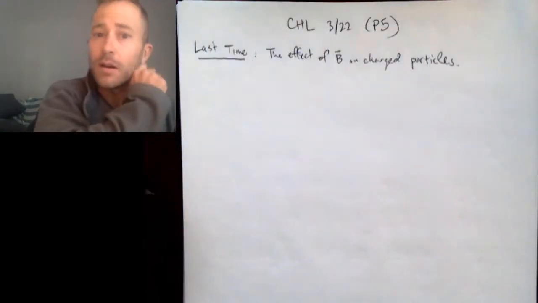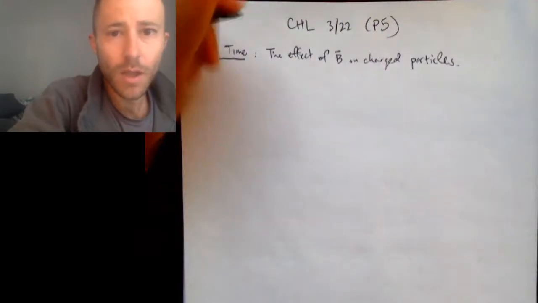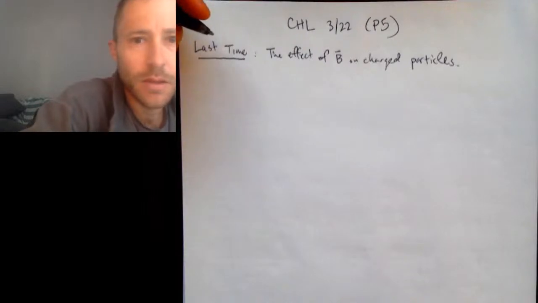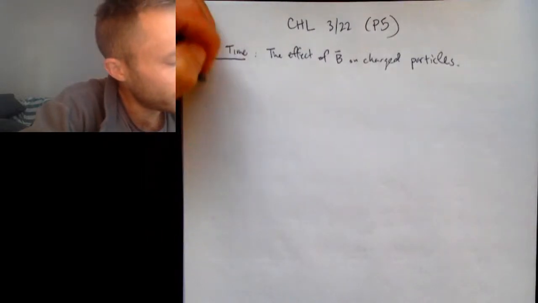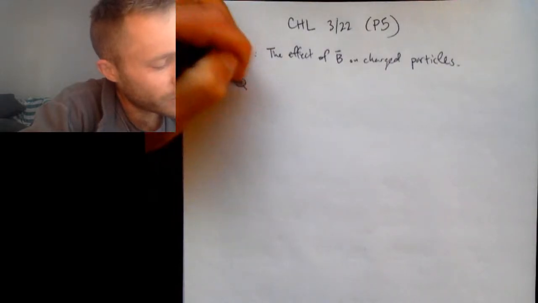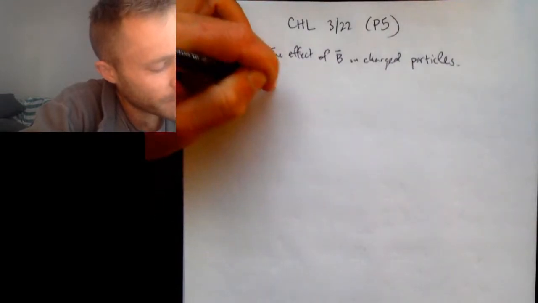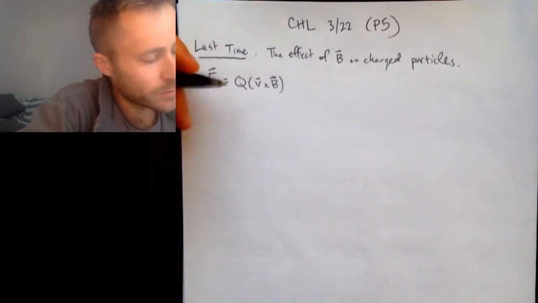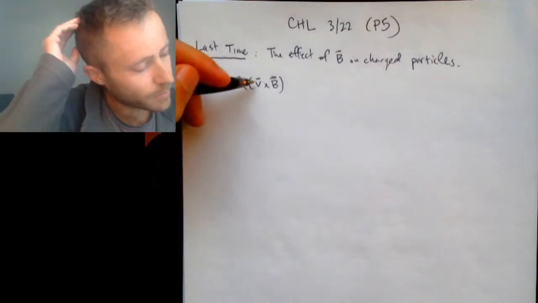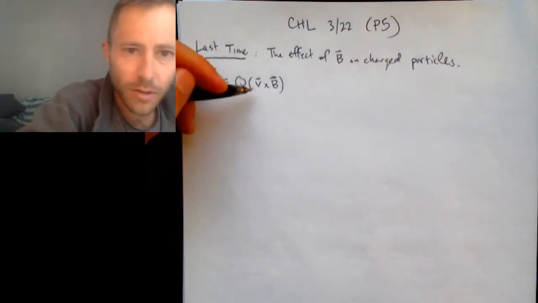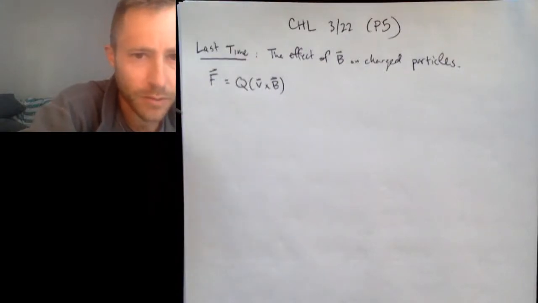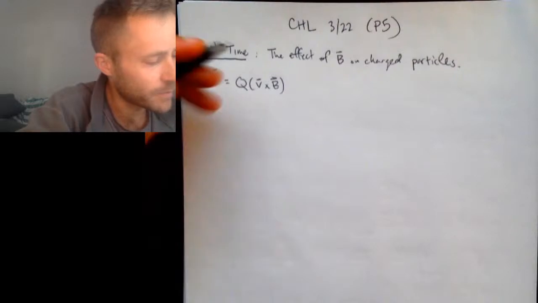And what we learned was that the magnetic force can be written as QV cross B, where Q is the size of the charge, V is the velocity vector of the charge, and B is the magnetic field vector that the charge is experiencing.